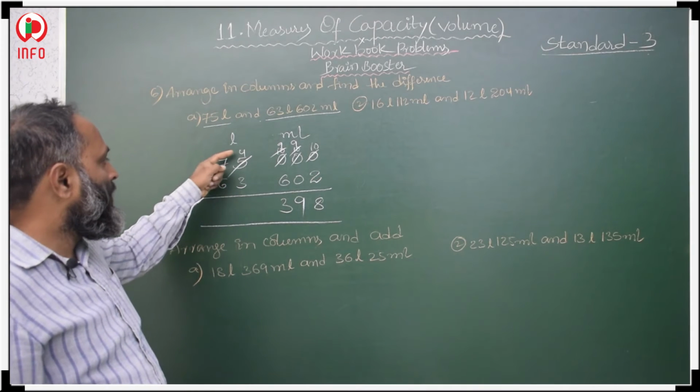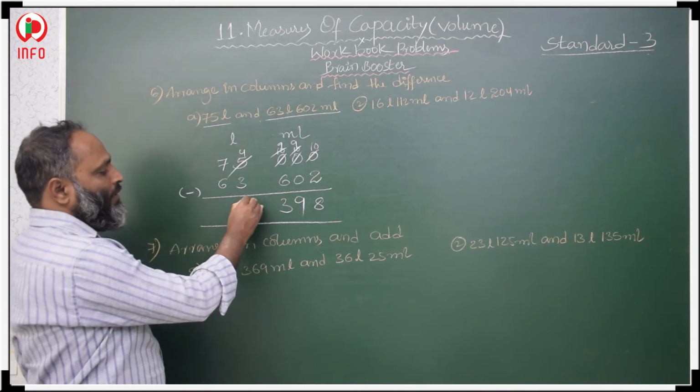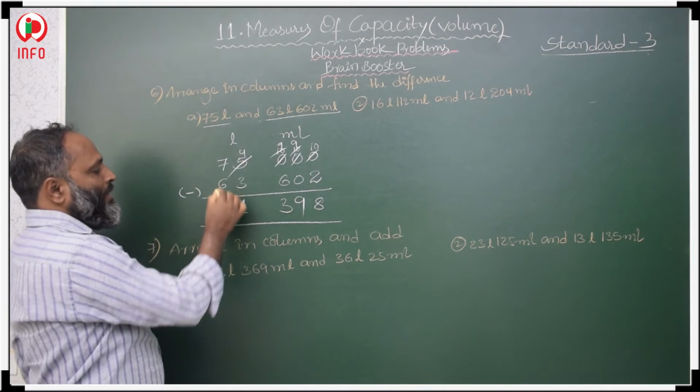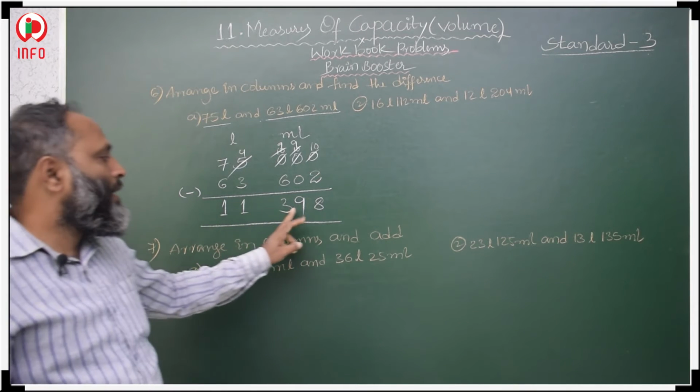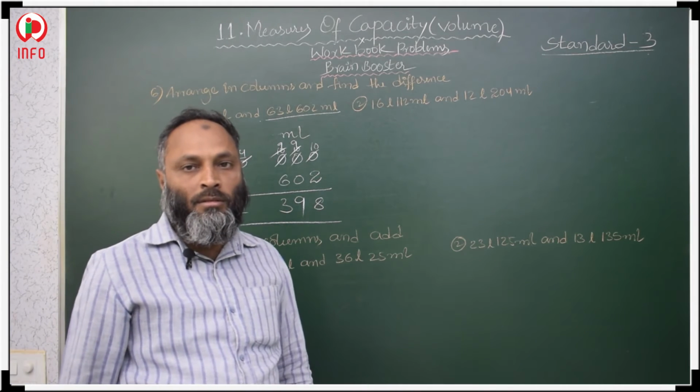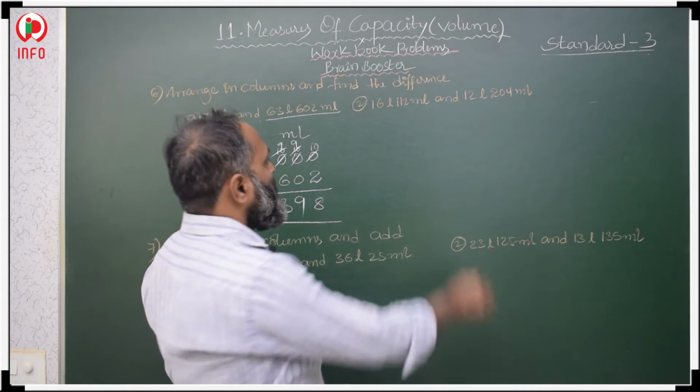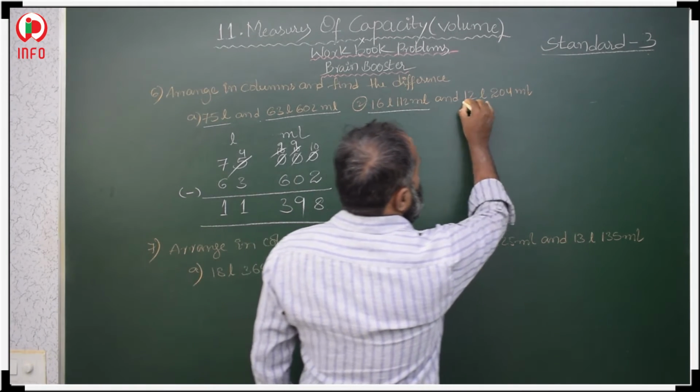Now liters part. 4 minus 3, consecutive numbers, difference is 1. 7 minus 6, consecutive numbers, difference is 1. 11 liters 398 milliliters.